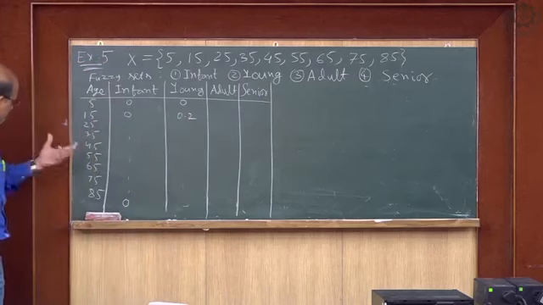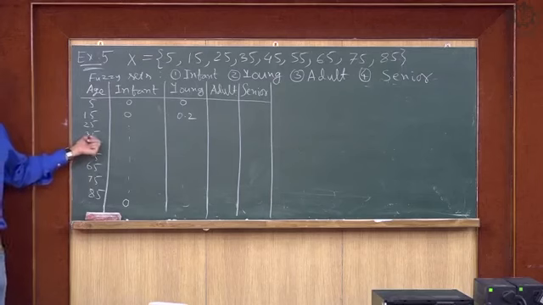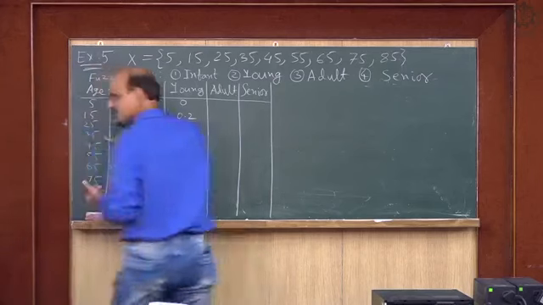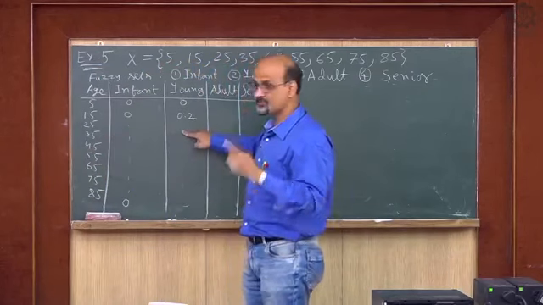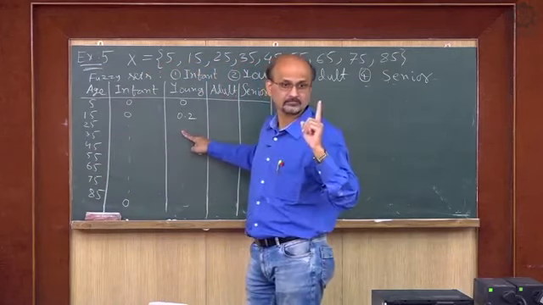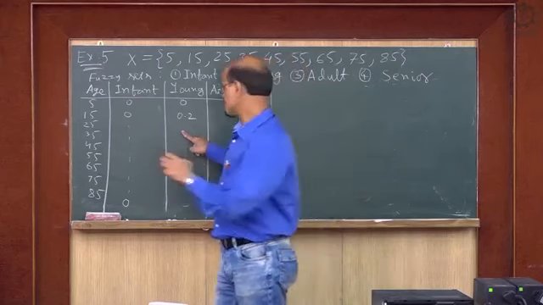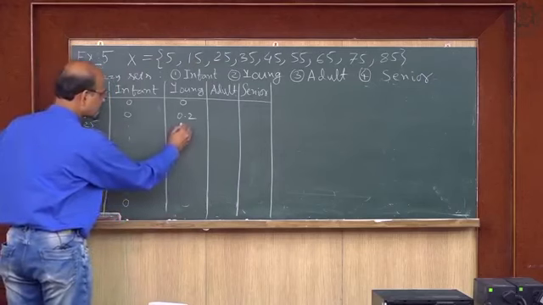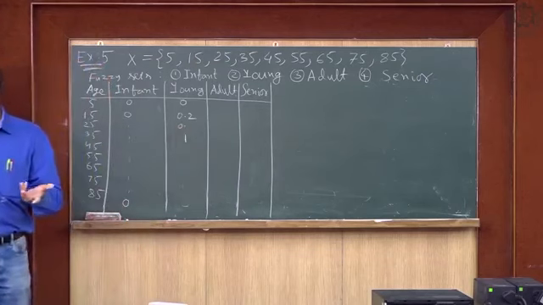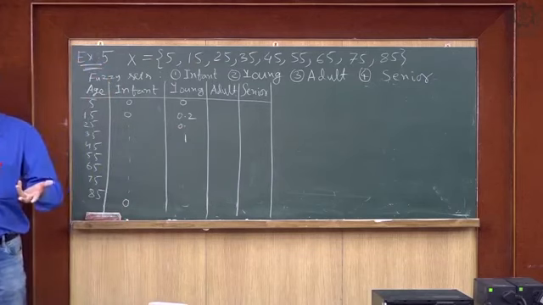Where will the youngest be? 35 maybe. You may consider 35 as the young man, so let us put this as 1 first. Now 25 I can have 0.8, because 25 is also very young. You can put 0.9 also, no problem.